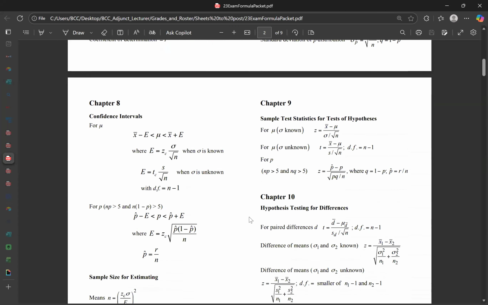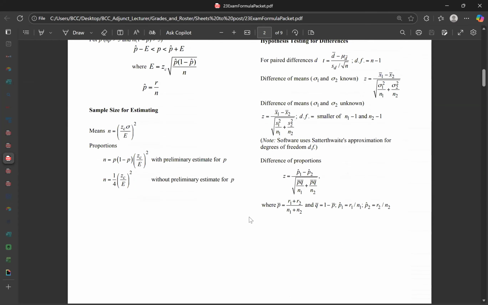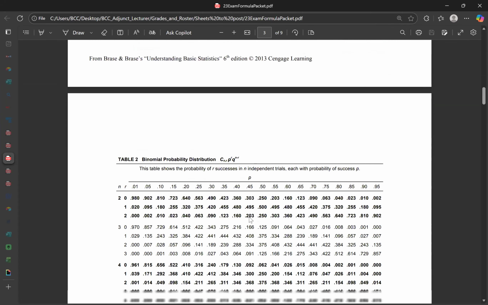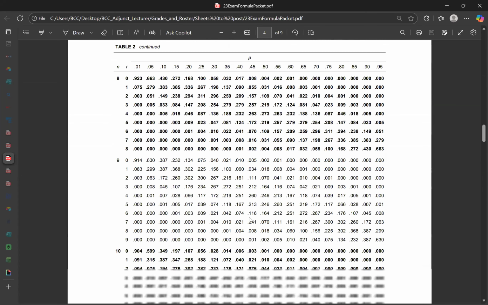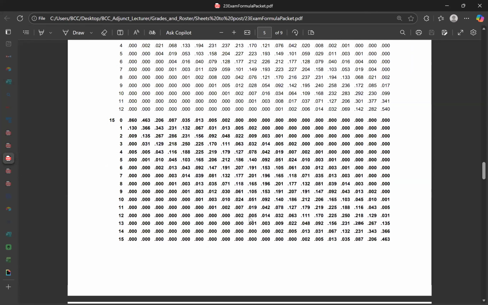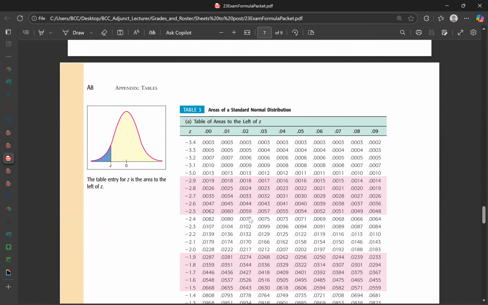All right, so if we look on the formula sheet, I think it's table 3. I don't remember. Is this one? The one that says areas of a standard normal distribution, right? Now, let's pretend that you're on the test and you've got a big number. It's like, what's the probability of z less than negative 3.7?